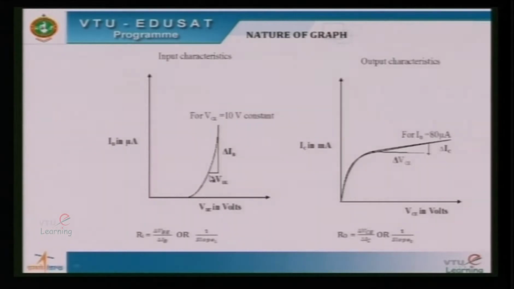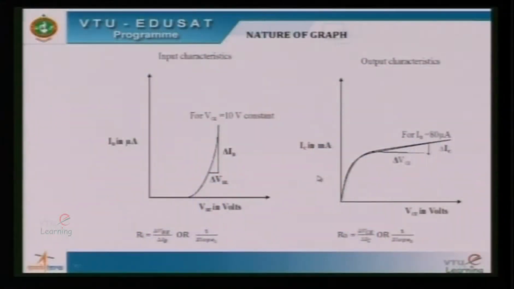The slope determined in the linear region of the curve is evaluated, and the input resistance of the transistor is obtained by reciprocating this slope of the characteristic curve, which comes around in the range of 500 ohms.